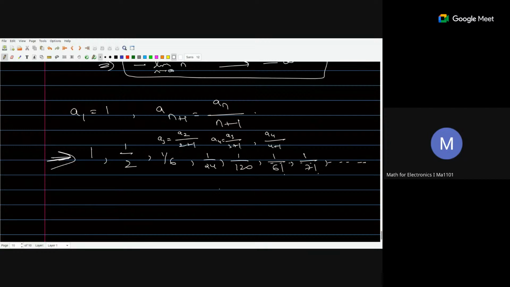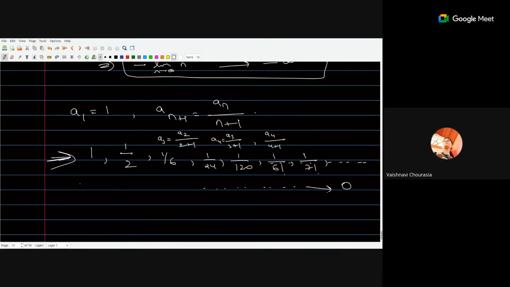So where is this approaching? Where is this going slowly? To 0. Is the sequence increasing or decreasing? Decreasing. Is this a convergent or divergent sequence?